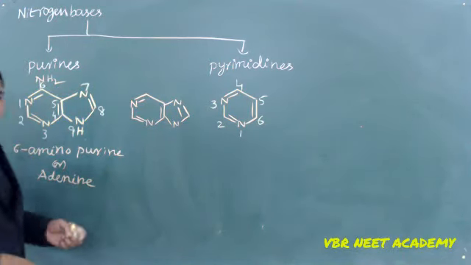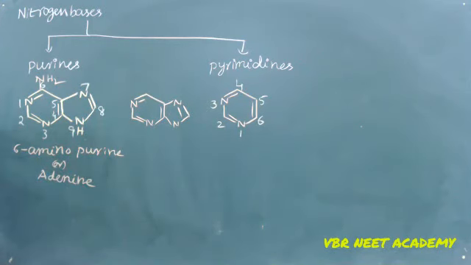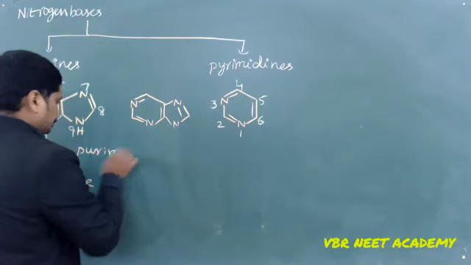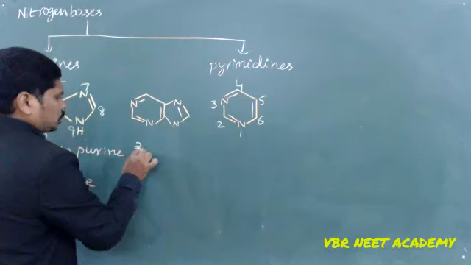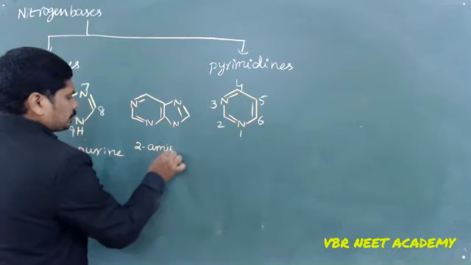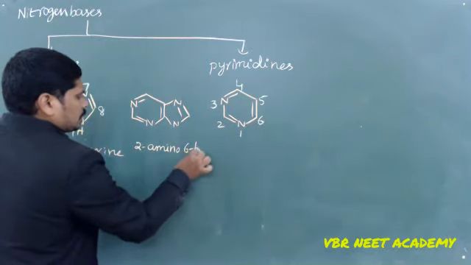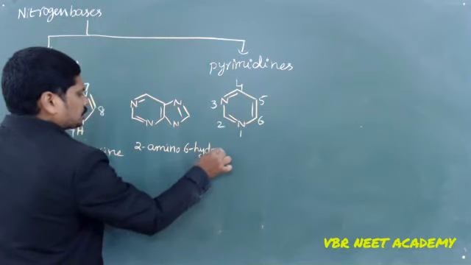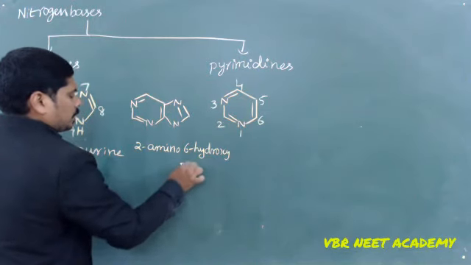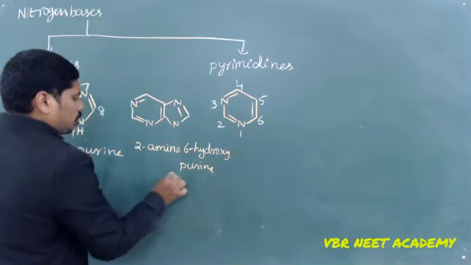This is one more purine ring. The name we are going to give for this one is 2-amino 6-hydroxy purine, which is called guanine.